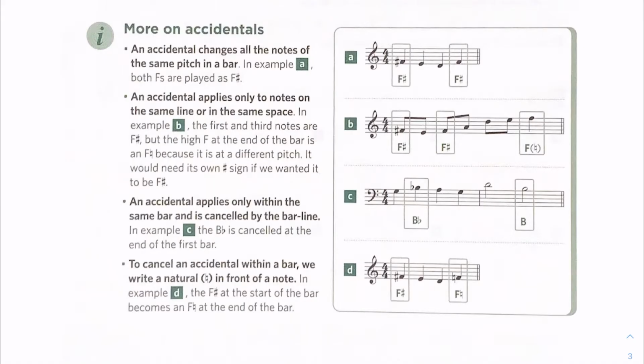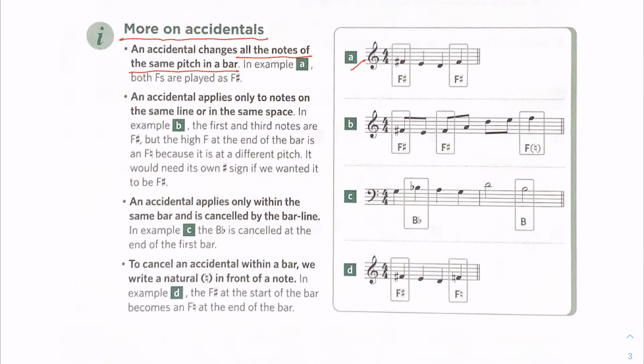Next, more on accidentals. When we are working with accidentals, there are a few things that we have to keep in mind. Number one, an accidental changes all the notes of the same pitch in a bar. In example A here, both Fs are played as F sharp.